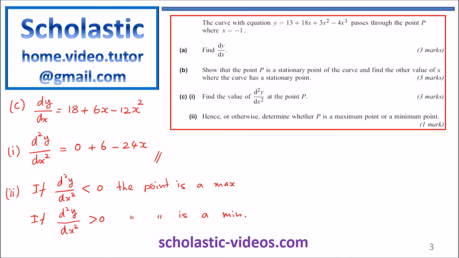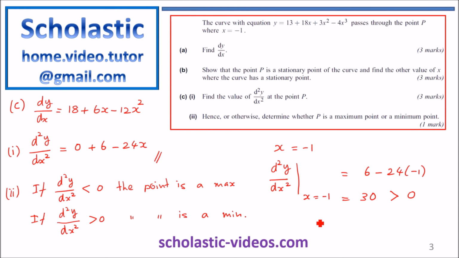For this particular case, we have x equals minus 1. So d squared y by dx squared at x equals minus 1 is equal to 6 minus 24 times minus 1, which equals 30, which is greater than 0.